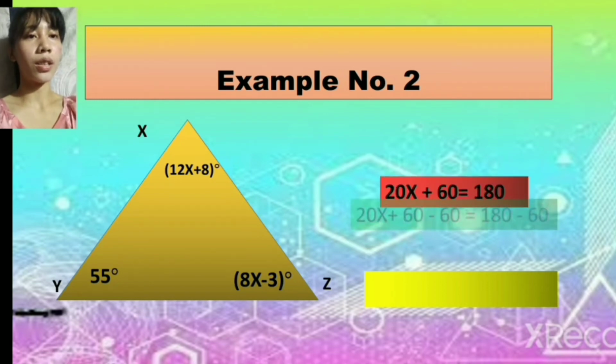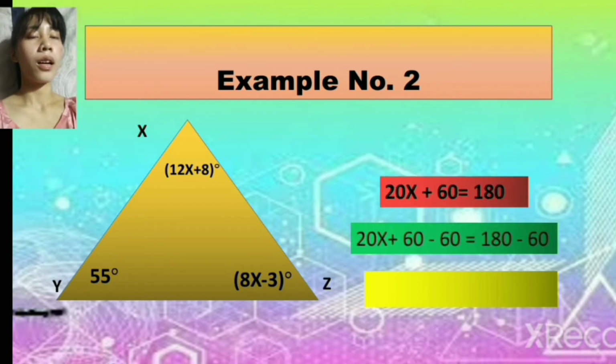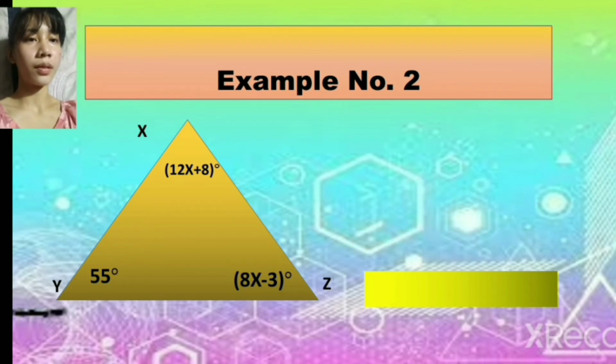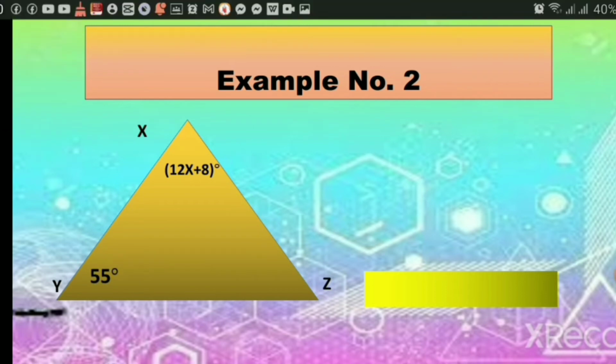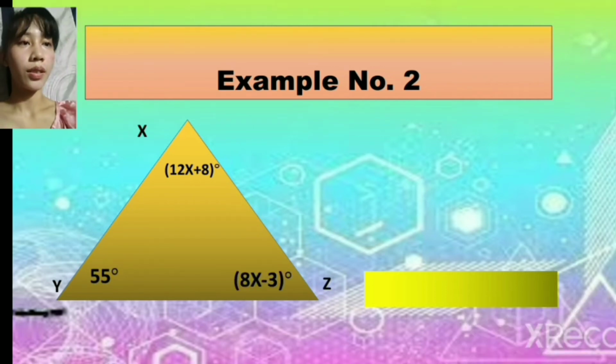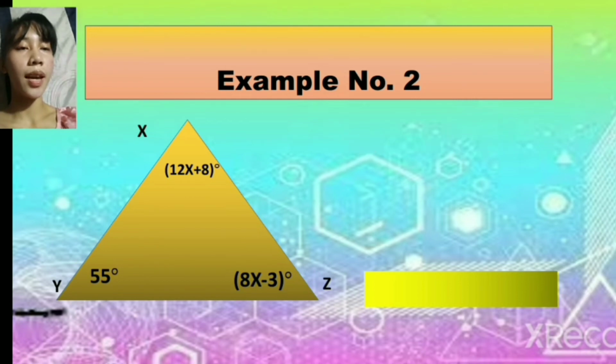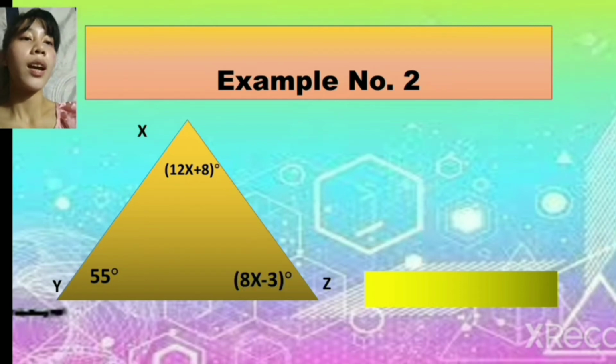So here, 12x plus 8, plus 55, plus 8x minus 3 equals 180 degrees.